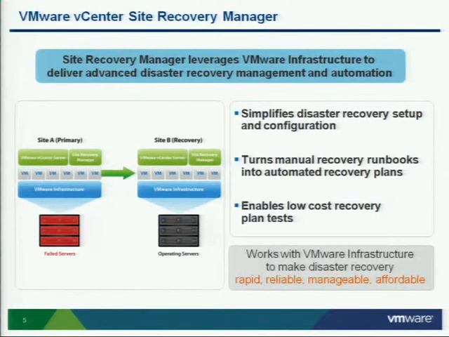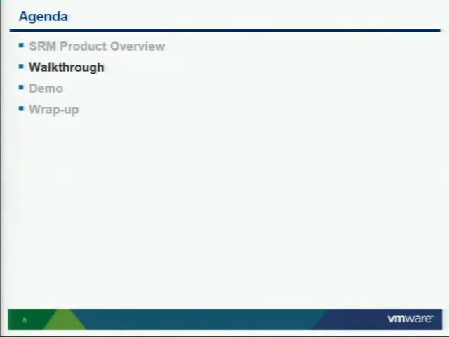The idea is that you can save a little bit of excess capacity on each vCenter server, and then in the event of a disaster, you bring all the workloads from one over to the other, and they're each protecting each other, so your entire data center as a unit is protected. Okay, let's go on to the walkthrough.